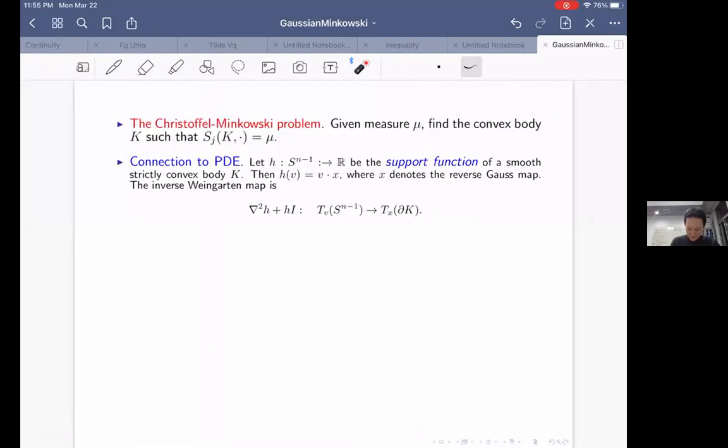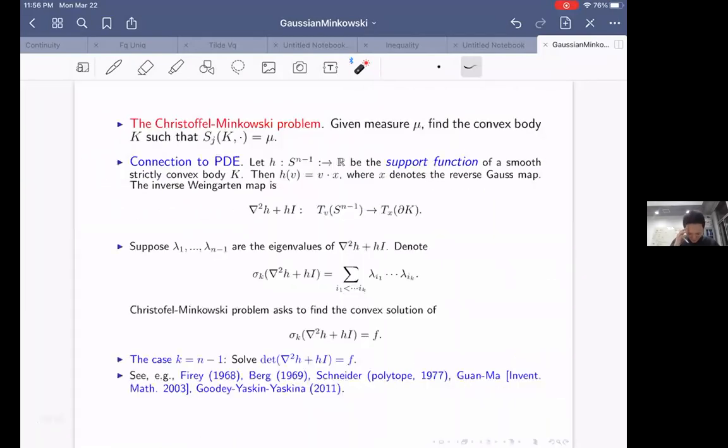In differential geometry, there is a connection to PDE. If we assume the convex body K is strictly convex and smooth enough, the support function can be written in this form. It's a function on the sphere, but it can be written as v dot x, where dot means the inner product and x is the reverse Gauss map. Then we can compute the inverse Gauss map as this.